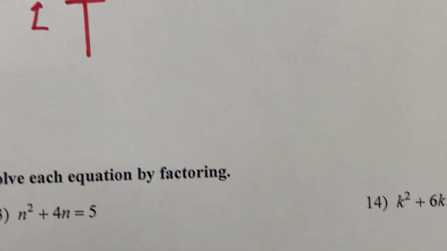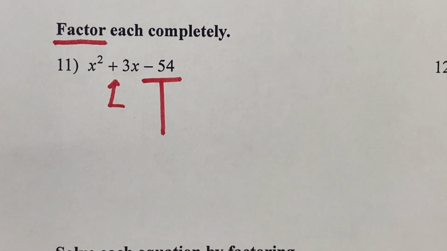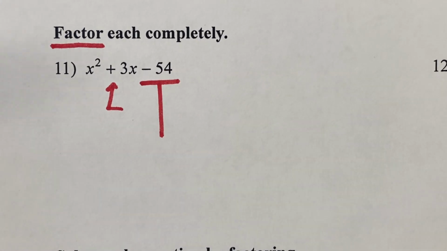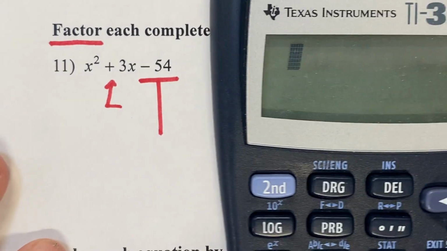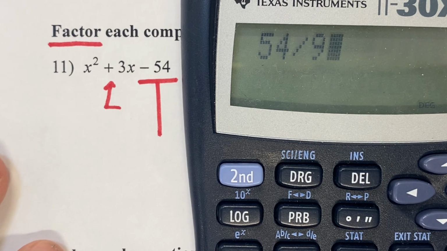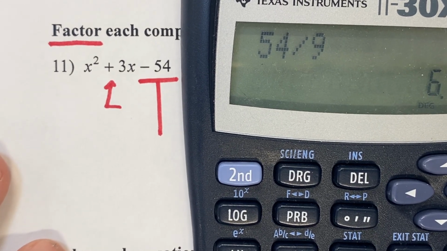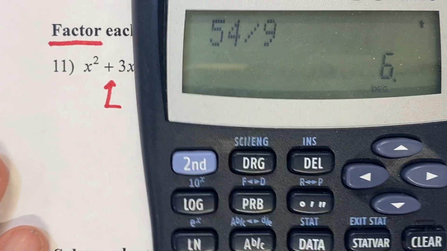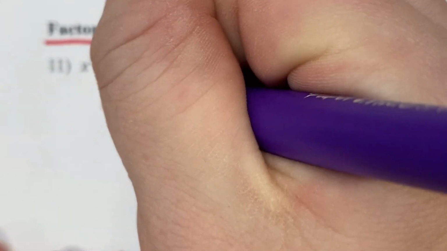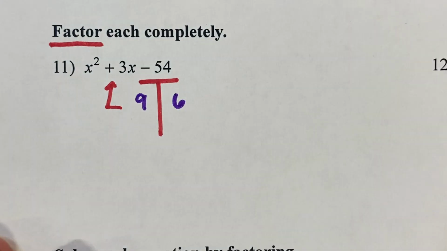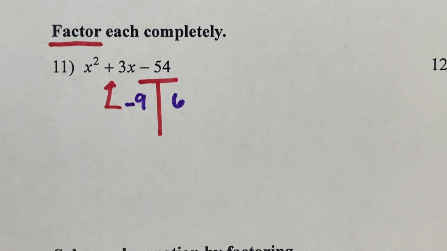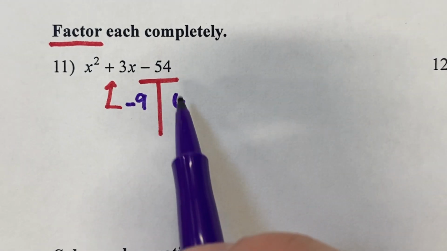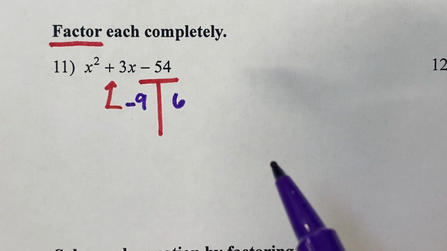Okay, so let's look back at number 11. We're trying to find 2 numbers that multiply to give me negative 54. Well, let's just go ahead and try to find some numbers. I have 9 and 6. But because it's a negative 54, one of them has to be negative. So let's just make the 9 negative. Negative 9 times positive 6 will give me negative 54.